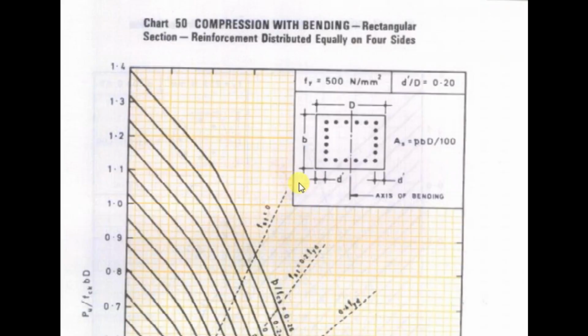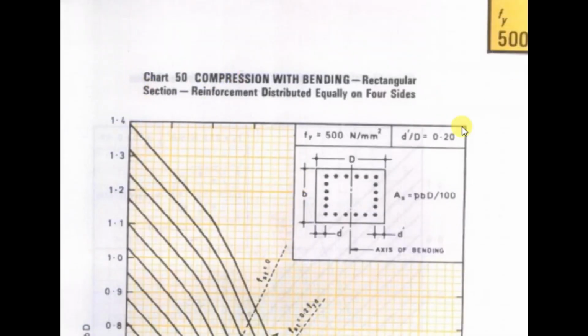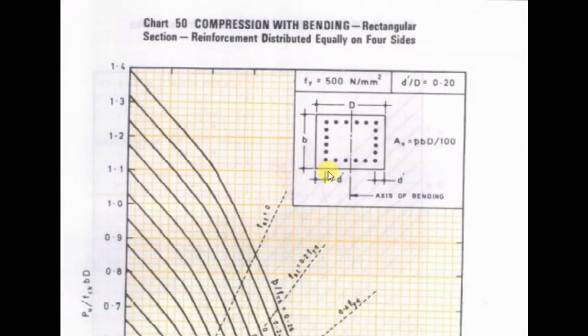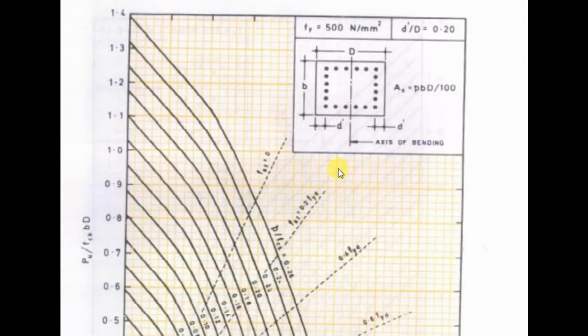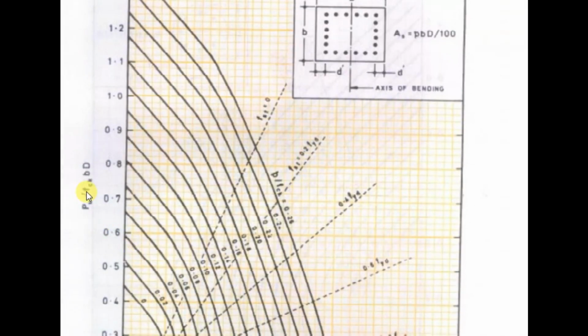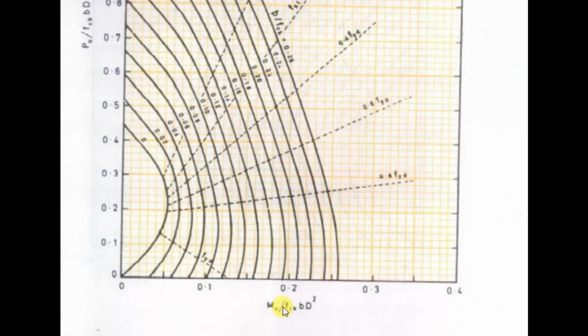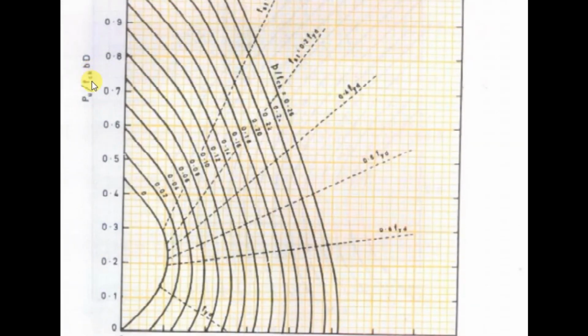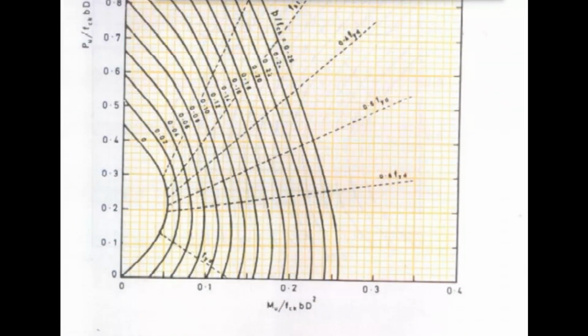Chart number 50, Fy 500, and D dash by D is 0.2. Here also the reinforcement is distributed equally on four sides. In this chart we need to find out the Mu by BD squared value by using PU by FCK BD and P by FCK.